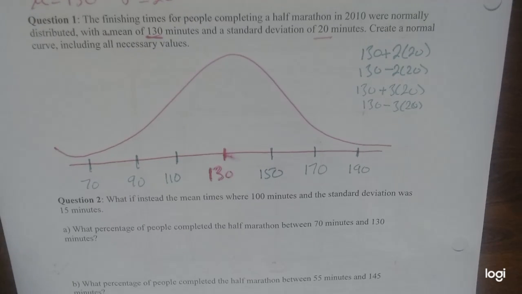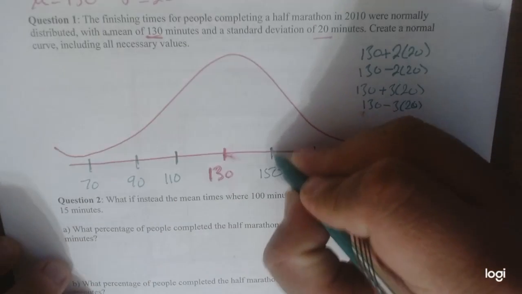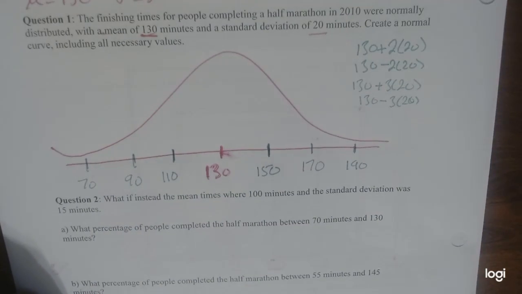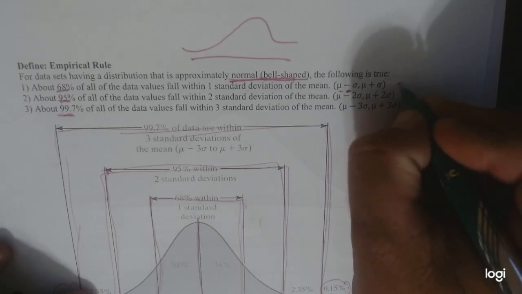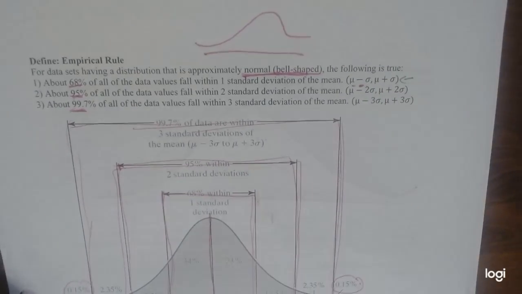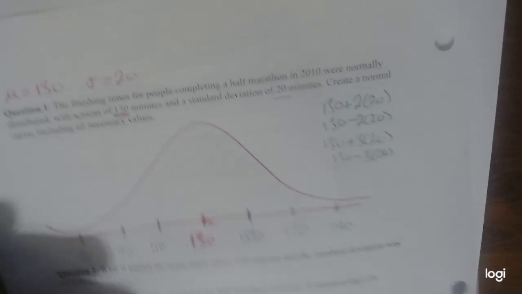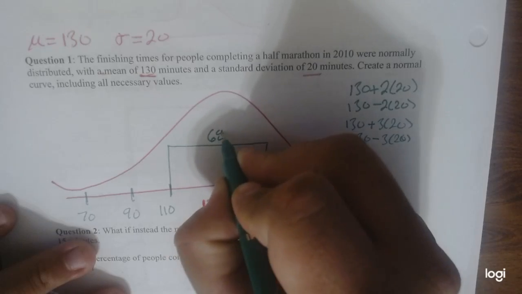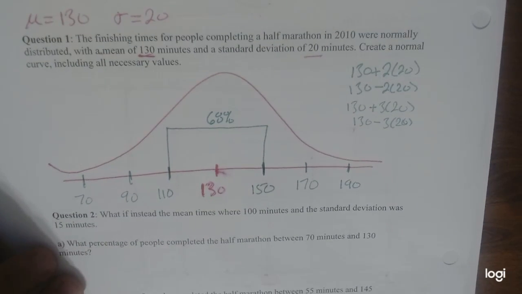For an extra bonus, why don't we break this up too? Between this number and this number, what percentage is guaranteed within those 2 numbers, according to the empirical rule? We're 1 standard deviation away, so that guarantees exactly 68%. Between these 2 numbers, 68% of all the data values are within. Let's go farther out.